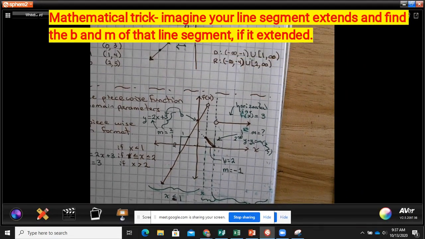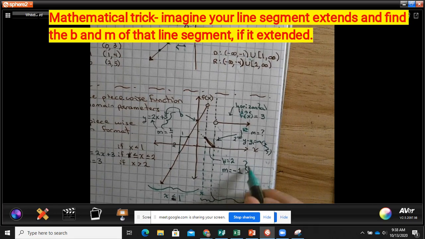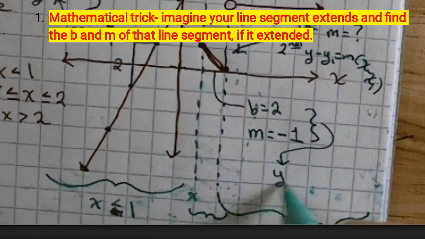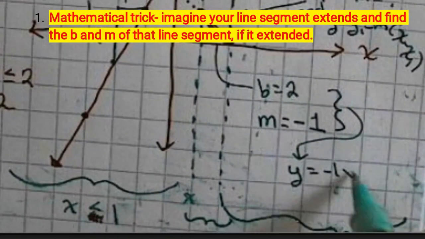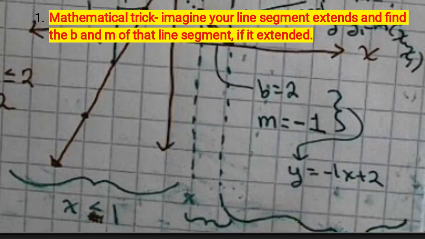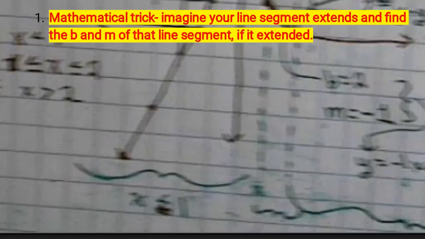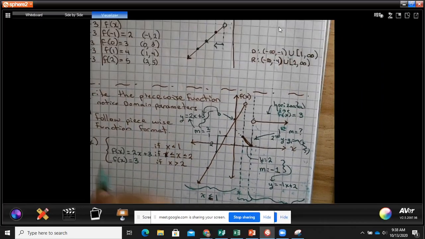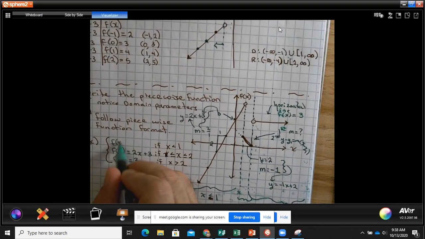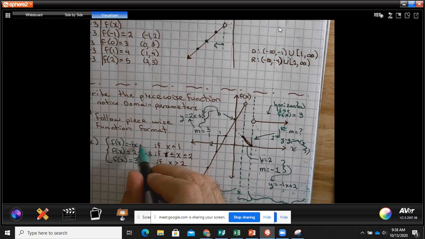But if you don't see that, don't panic. Just use these first 2 steps. That's what we did last week. So in this case, y equals negative 1x plus 2. In other words, f of x equals negative 1x plus 2.